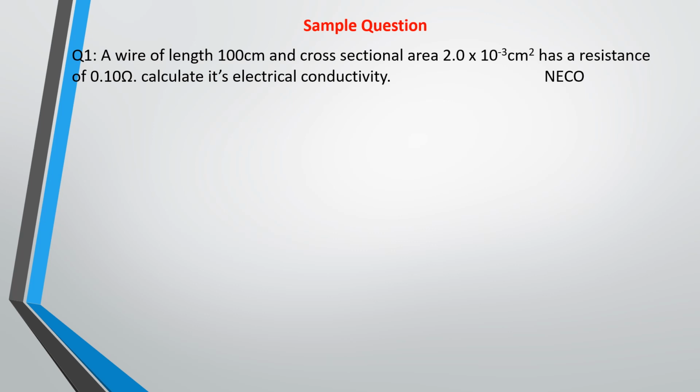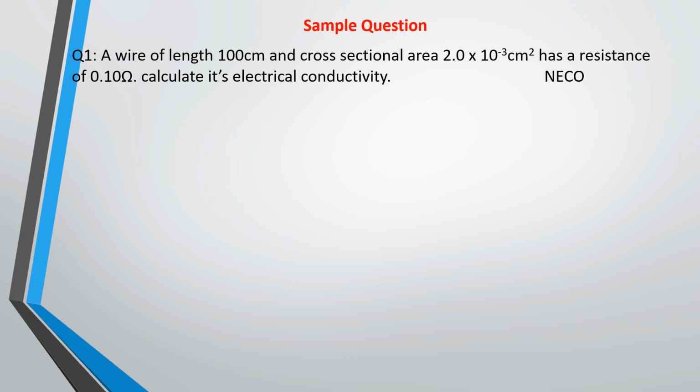This question says that a wire of length 100 centimeters and cross-sectional area 2.0 times 10^-3 centimeter squared has a resistance of 0.1 ohm. Calculate its electrical conductivity.